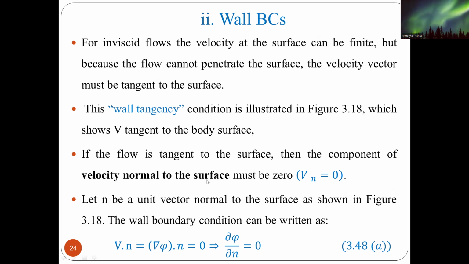If the flow is tangent to the surface, then the component of velocity normal to the surface must be 0. So Vn is equal to 0. We can represent that as V dot n, the normal component of velocity, which is 0. So d psi over dn is equal to 0 on the wall.